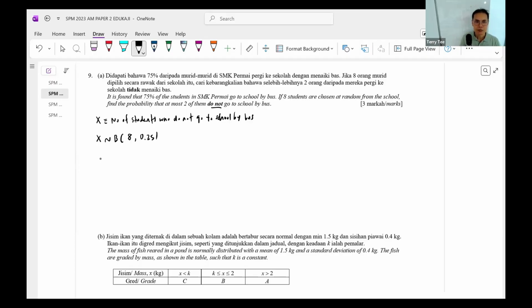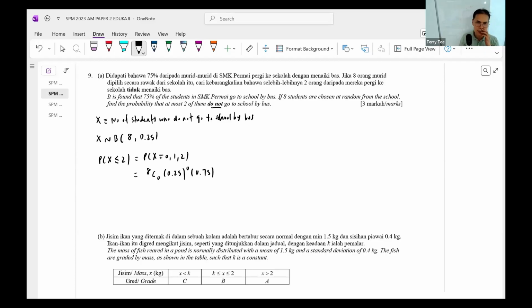Okay? Now, you want to find at most 2. At most 2 means what? 0, 1, 2. Maximum 2. So let's work it out. You have 0, 1, 2. Add them up. Remember the formula? It goes like this. 8C0, what's your p? 0.25 power 0. What's your q? 0.75.